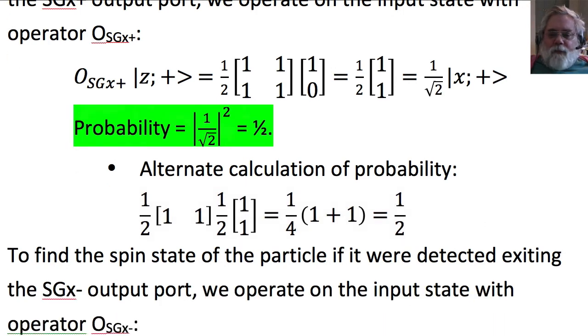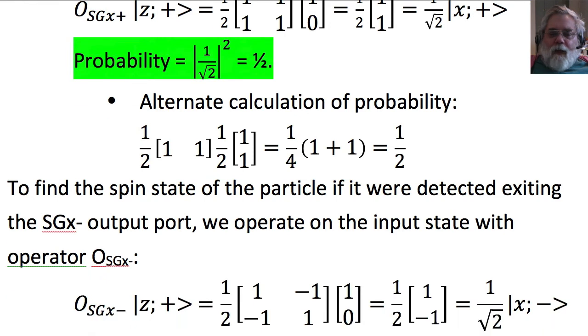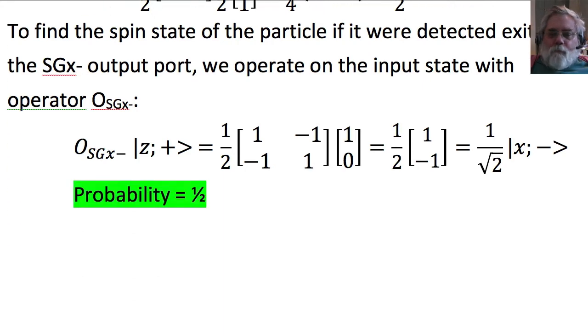To find the spin state of the particle if it were detected exiting the SGX minus output port, same procedure, different operator. Column vector 1, 0, the operator for SGX minus. Multiply them together, we get a column vector. And if we think about it, we can restate that as 1 over square root of 2 times ket x minus.